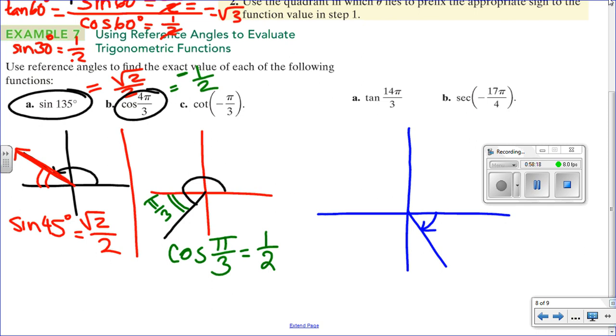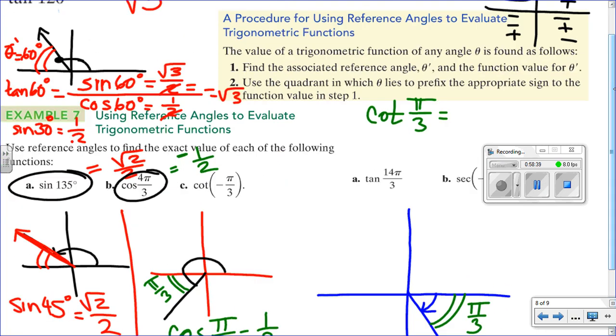So our reference angle is just simply going to be positive pi over 3. Why? Because reference angles are always positive. So if you know the cotangent of pi over 3, let's see. If you guys notice, we have everything we need, because cotangent happens to be the cosine over the sine, the reciprocal of tangent.